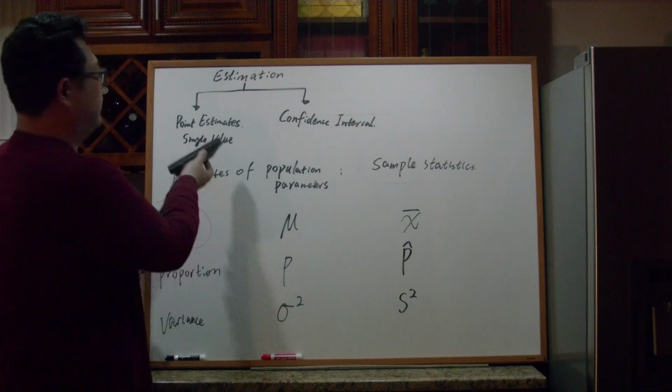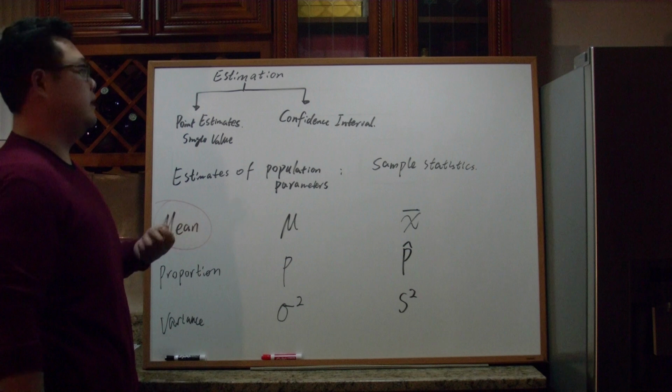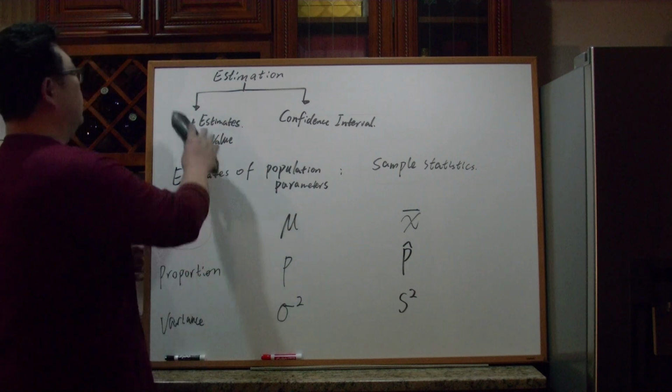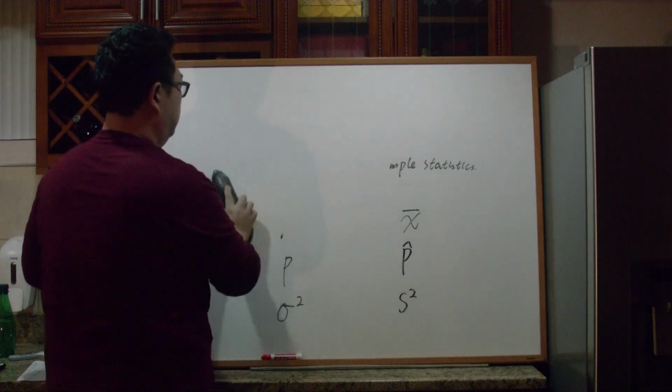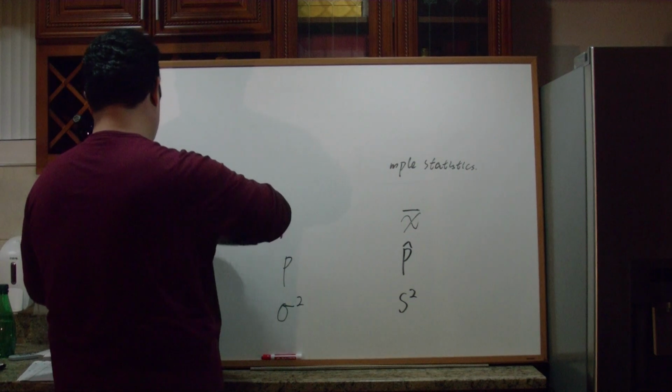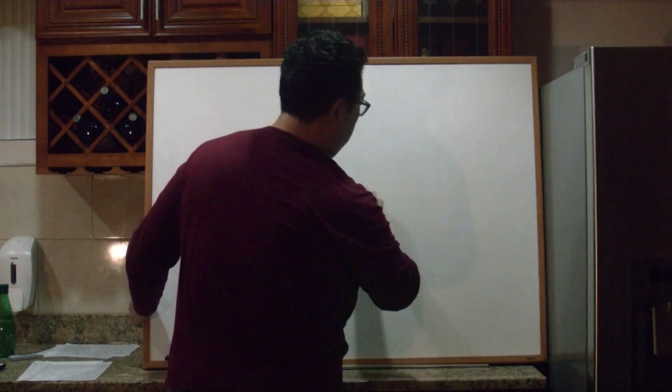The best point estimate will be the sample mean with a certain size, a certain number of data. And once again, the sample needs to be a simple random sample, therefore the central limit theorem will apply.